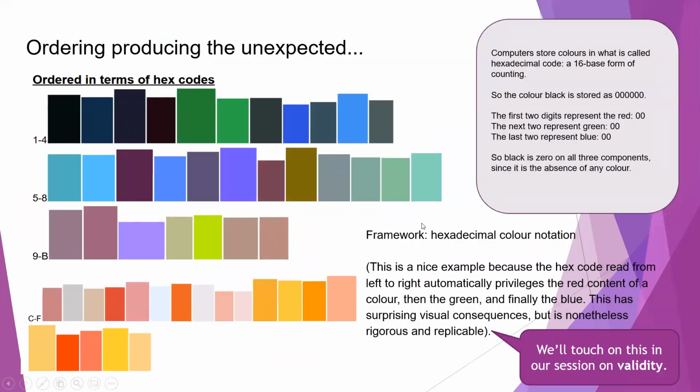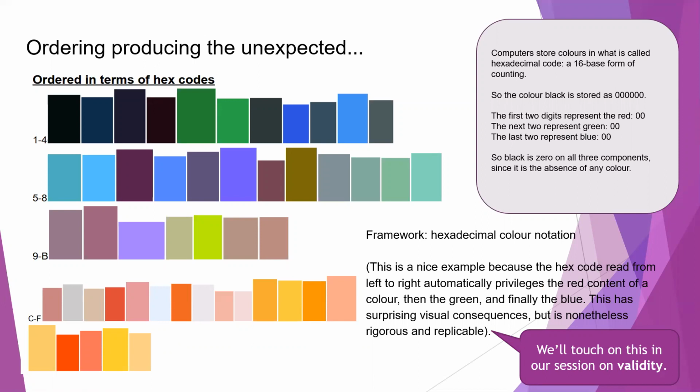Now here's an odd one. Again, objective, useful. You could order the colors based on their representation as hexadecimal codes in RGB values for computer RGB codes. And the framework of hexadecimal color notation is a nice example because it's 2 red bits and then 2 green bits and then 2 blue bits stored in a sort of 6-bit code.